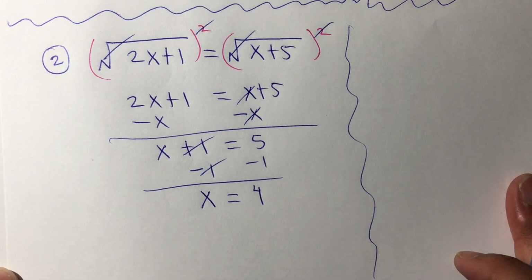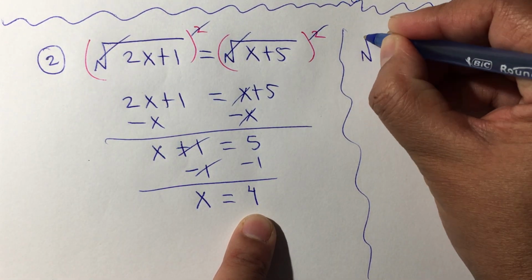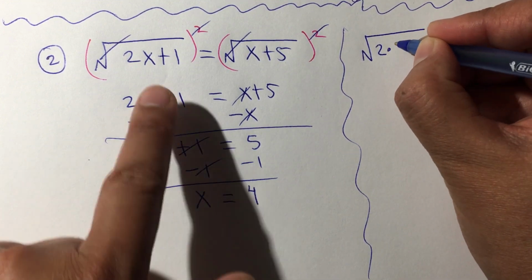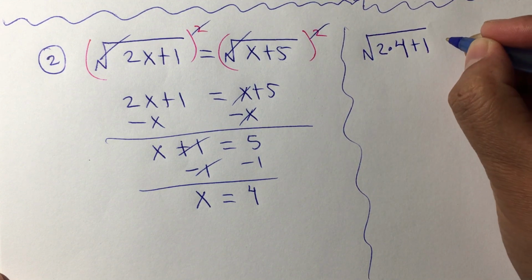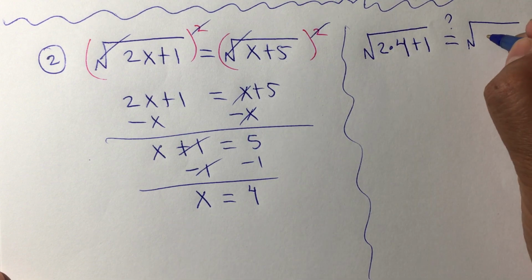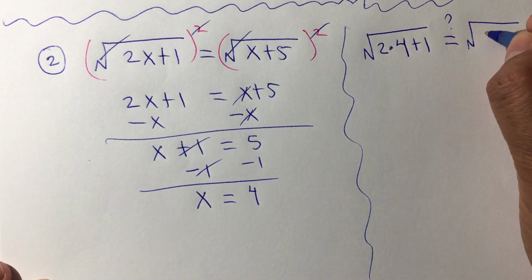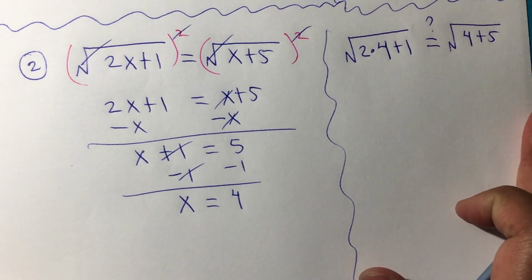For the check, we substitute our x with 4. And so the first one is 2 times 4 plus 1. Is it equal to, inside of the square root, 4 plus 5? And we simplify that.